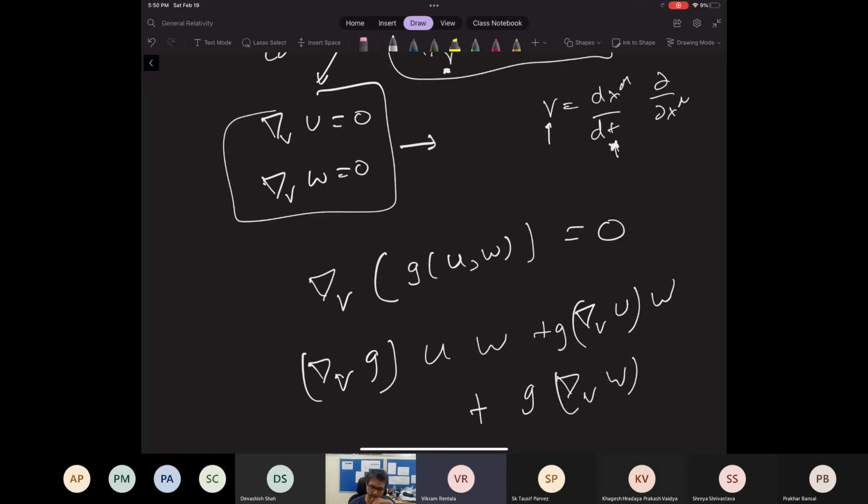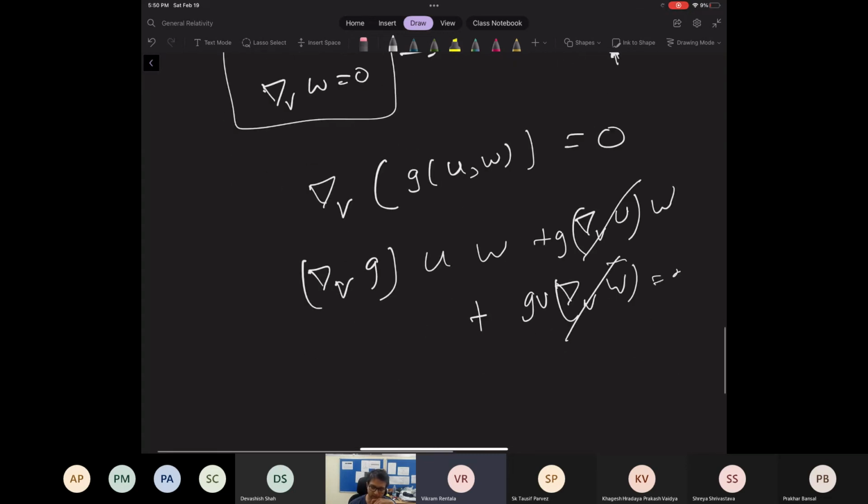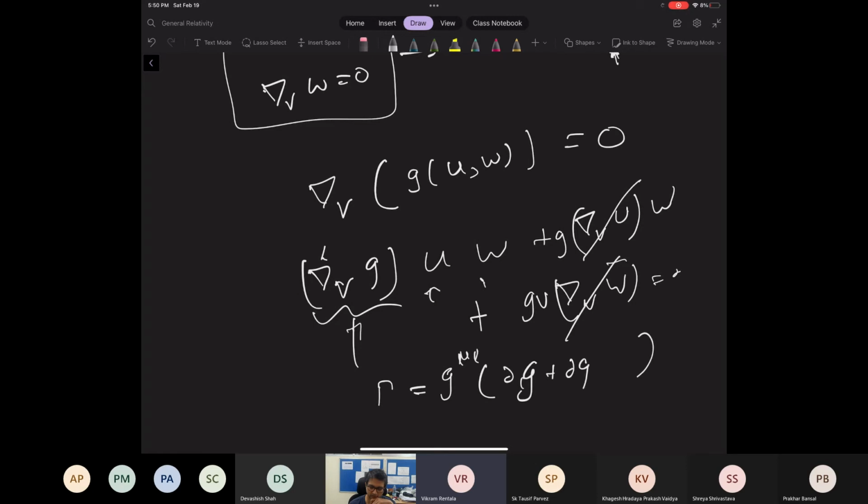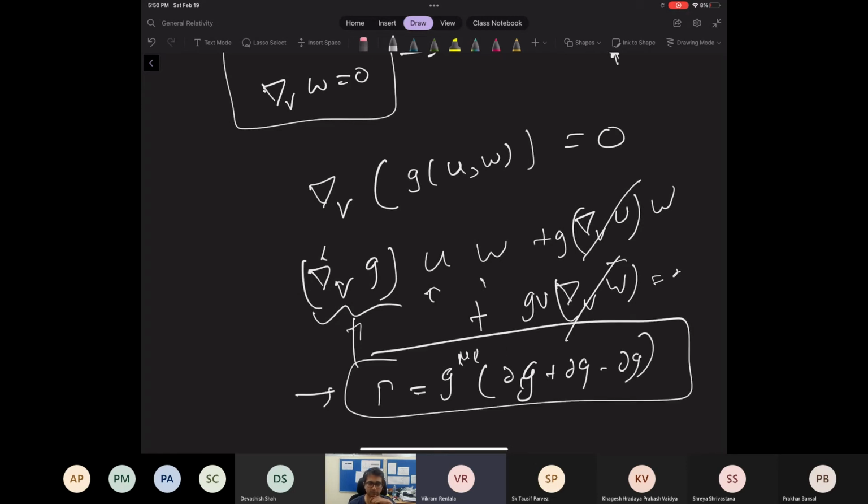We said that this is 0, and then we used that to get an equation. We said this is true for any components of u and w, and therefore we were able to get a relationship. This derivative depends on the connection coefficients, and we used that to derive the connection coefficients in terms of g. So this is g^{mu rho} times partial g minus partial g, so we had some equation like this. This gives the Christoffel symbols.